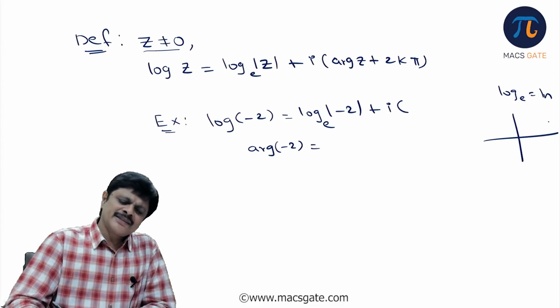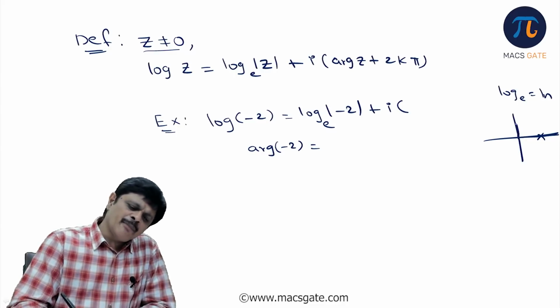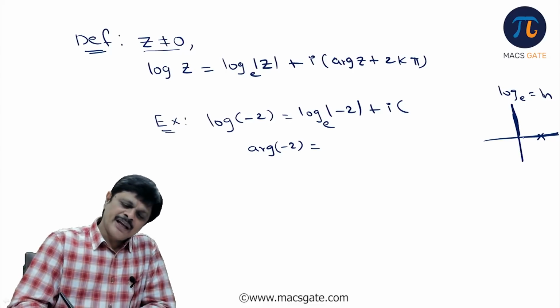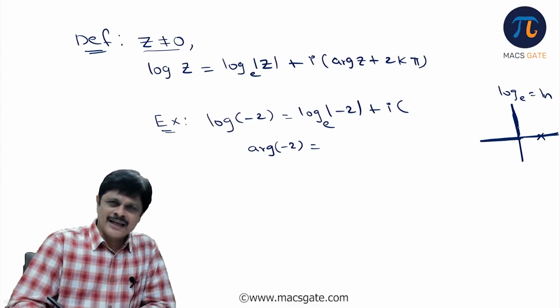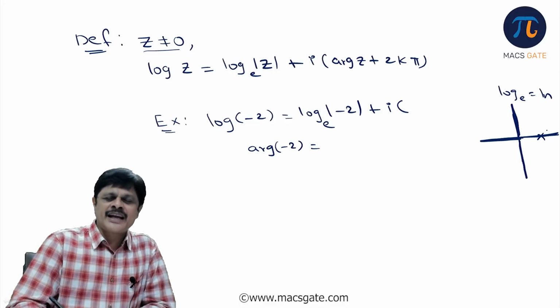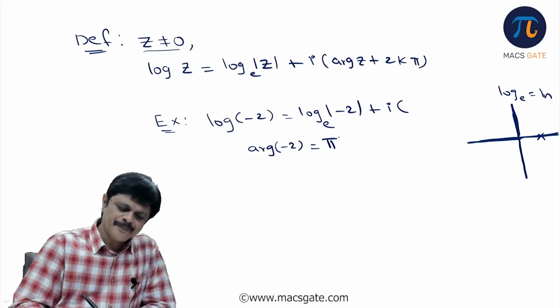You please remember this. Any positive real number will have argument 0. Any number on the positive imaginary axis will have argument pi by 2. Any number on the negative real line will have argument pi. Any number on the negative imaginary axis will have argument minus pi by 2. So here minus 2 is on the negative real line, the argument is pi.